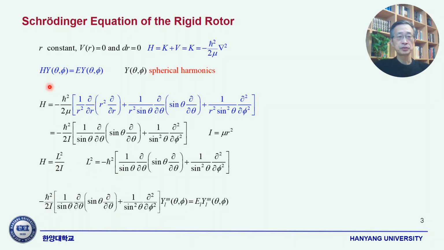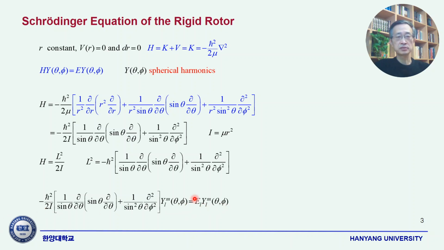So H psi equals E psi. In this case we are using spherical harmonics, so H Y equals E Y, or H Y equals epsilon Y. So minus h bar squared over 2I, times 1 over sine theta, round theta, sine theta round theta, plus 1 over sine squared theta round squared round phi squared, acting on the spherical harmonic, equals the energy times the spherical harmonic.